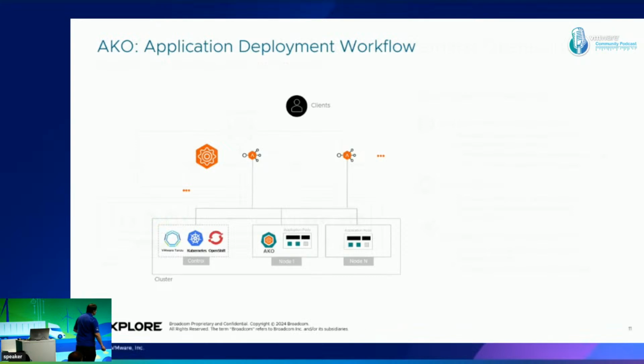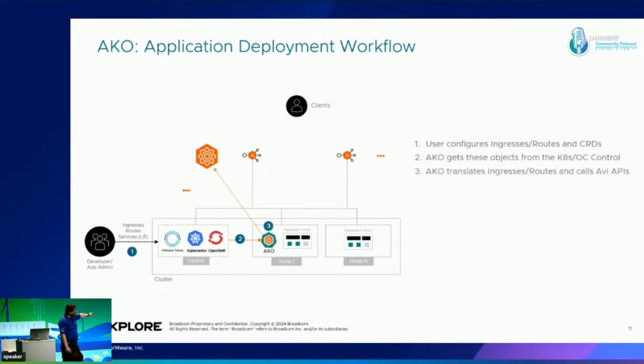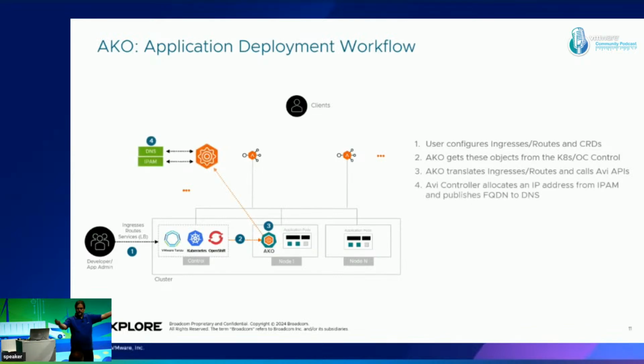Normally, as a developer, I create a request, an ingress or route in the OpenShift platform, it's the same concept, or gateway API now, and that request is captured by the AKO. The AKO sends that information to the AVI controller, and this creates and assigns an IP to the outside world, creates the DNS record for the application, and programs that information in the data plane, the AVI service engine.